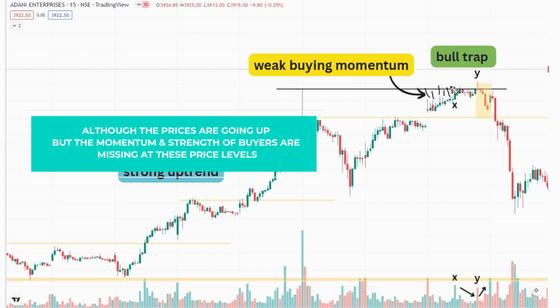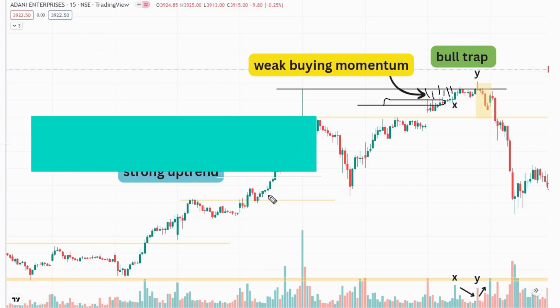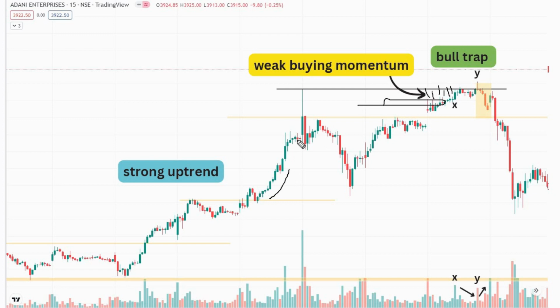Okay, if buyers were very much strong at this price areas, then we should have seen this kind of buying, this kind of buying. The buying should have been much stronger if buyers were very much dominant at this price areas.